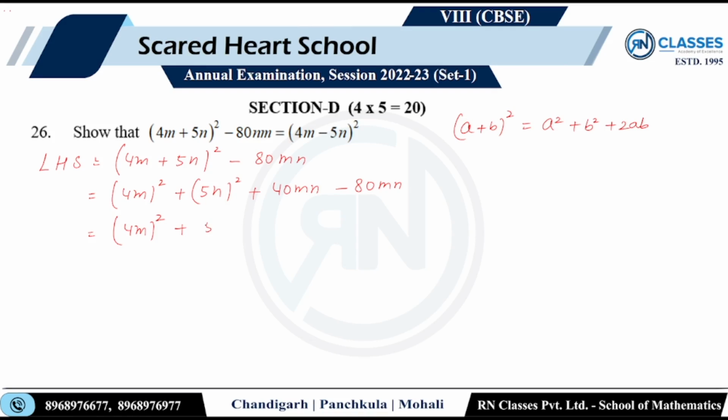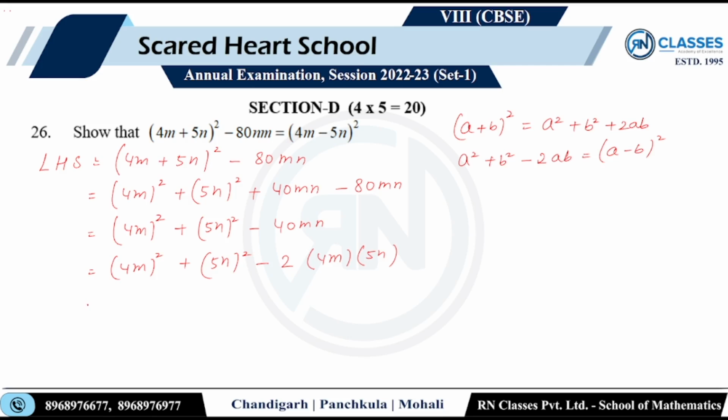4m का स्क्वायर प्लस 5n का स्क्वायर माइनस 40 mn बन गया. प्लस 40 था माइनस 80 था तो माइनस 40 mn. सो अब इसको मैं लिख सकता हूं 4m का स्क्वायर, इसको मैं लिख सकता हूं 5n का स्क्वायर माइनस 2 इंटू 4m इंटू 5n. सो मैंने क्या यूज किया? a स्क्वायर प्लस b स्क्वायर minus 2ab, which is a minus b whole square.